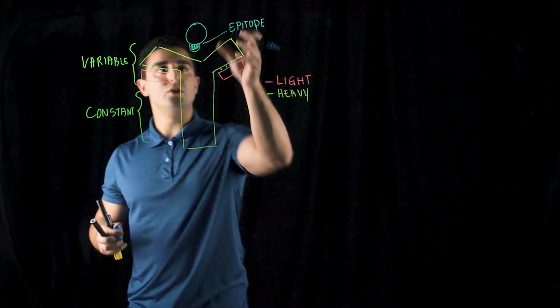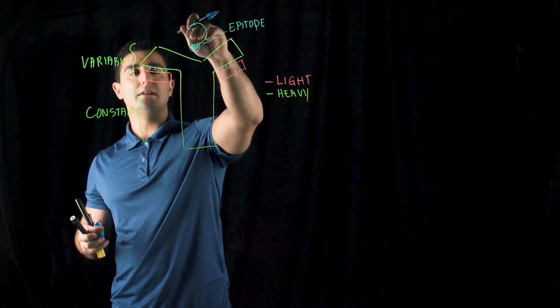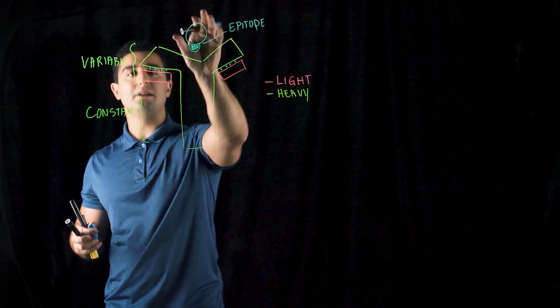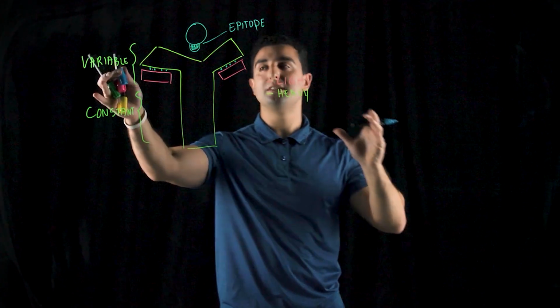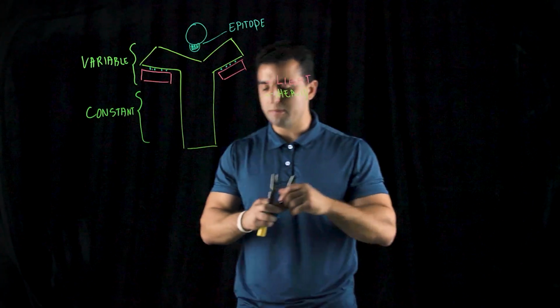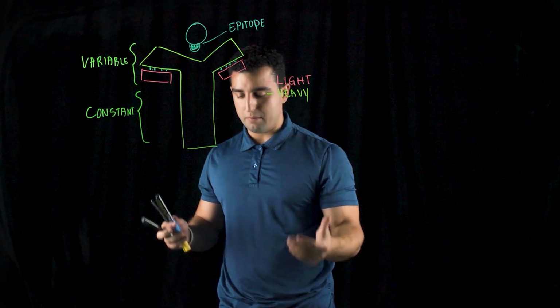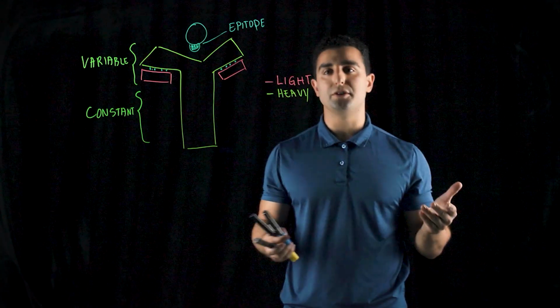So this binding causes the antibody to reconfigure, and that region is specifically the variable region. That's just the basic structure, and all antibodies have this function.